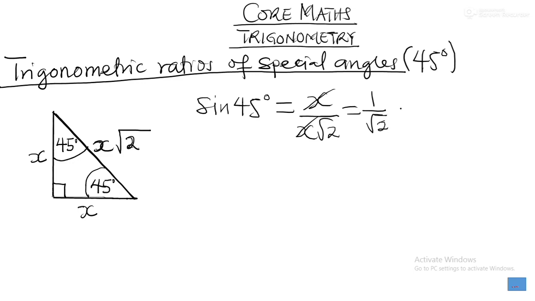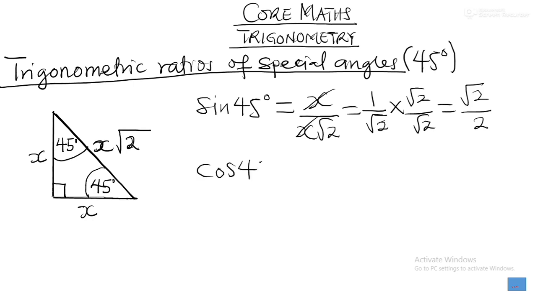But we have to rationalize. So we multiply this one by root 2 over root 2, and this is going to give us root 2 on 2. So sine 45 degrees is root 2 on 2. What of cos 45?